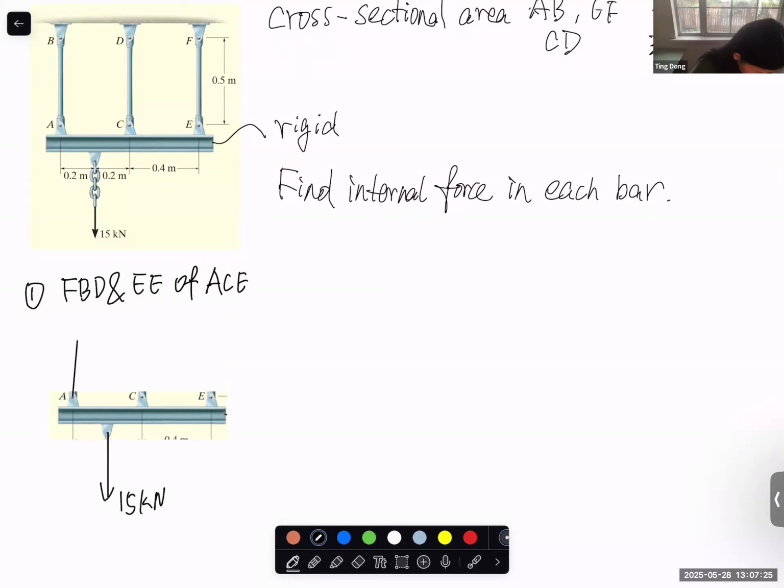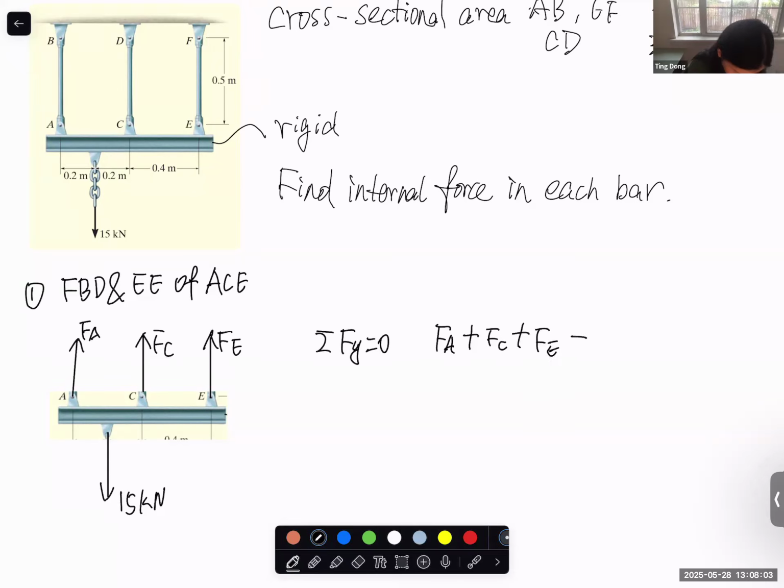Let's put them as FA, FC, and FE. For the equilibrium equation, first, we can write the force in y equal to 0. So we have FA plus FC plus FE minus 15 kilonewton equal to 0.